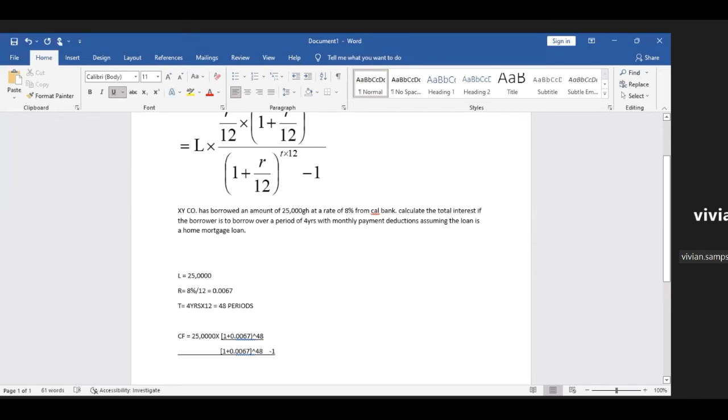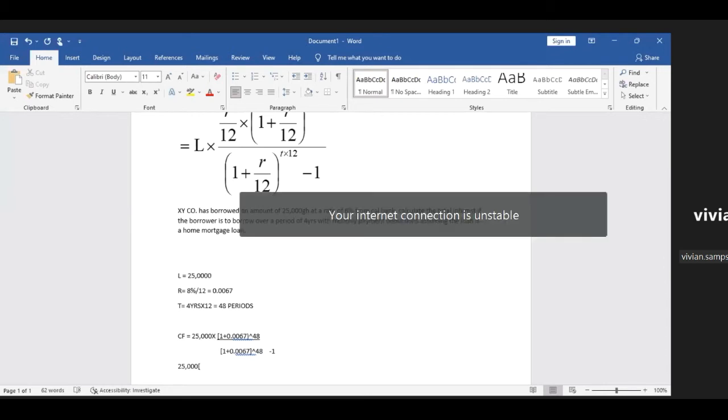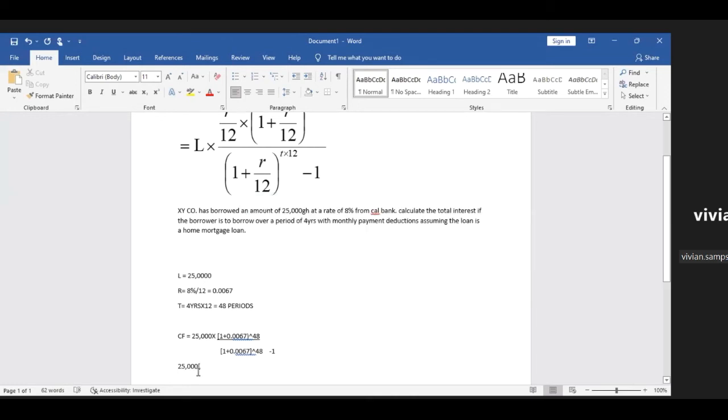Let's do what is in the bracket first. So we are going to have 25,000. Then open the bracket. Those who have done the calculations, please let me have it. 1.0067.